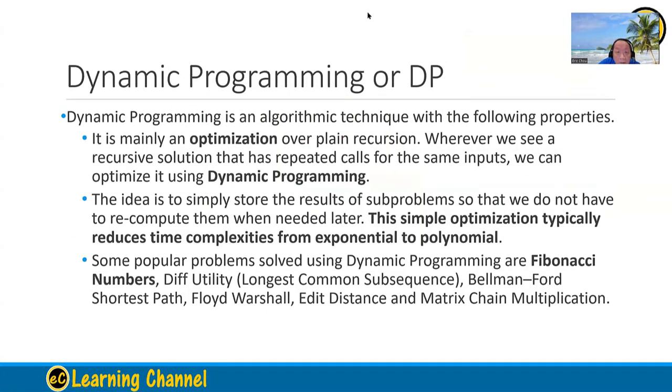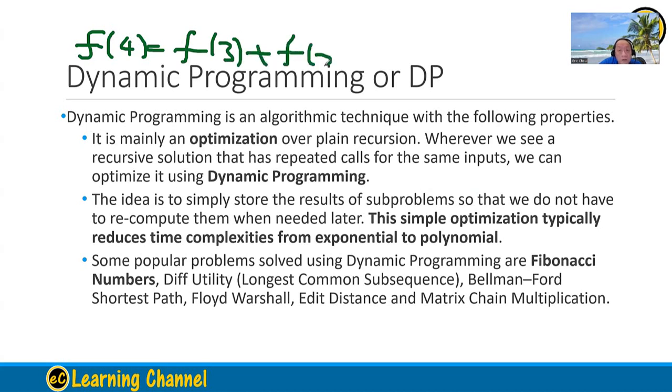Next one is called dynamic programming. Dynamic programming is for optimization problems. Like the Fibonacci code, you have f of 4 equals f of 3 plus f of 2. So for your bigger problem, you use a smaller problem to solve it. That's called dynamic programming.